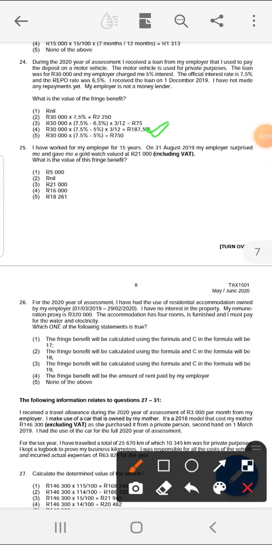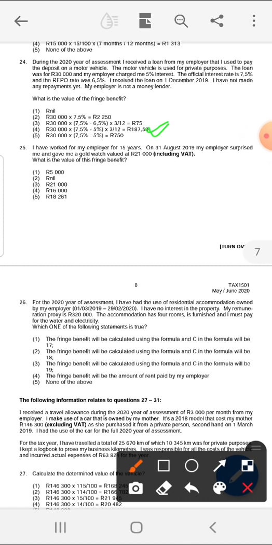And then question number 25. I have worked for my employer for 15 years. On 31 August, my employer surprised me and gave me a gold watch valued at 21,000. What is the value of the fringe benefit? So our value of the fringe benefit will be 21,000 less 5,000.